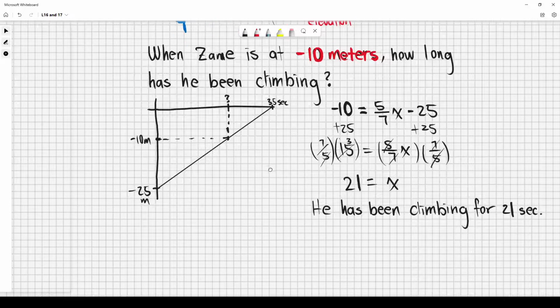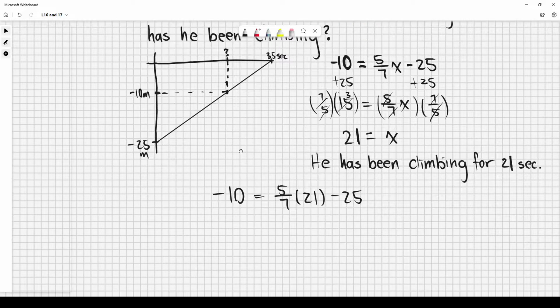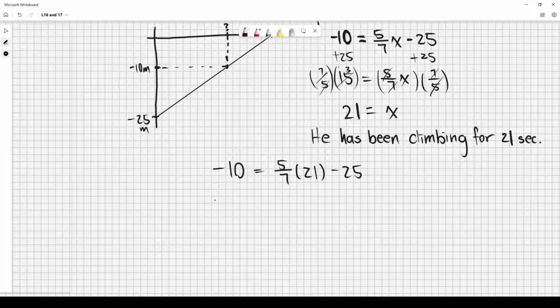So again, this is an equation. So if you have an equation, you can check whether your answer is correct. So let's check. If 21 seconds is correct, I can plug in the 21 in here, and the left side and the right side should be the same answer. So let's see if this is true. So cancel this. 21 divided by 7 is 3. 15 minus 25.